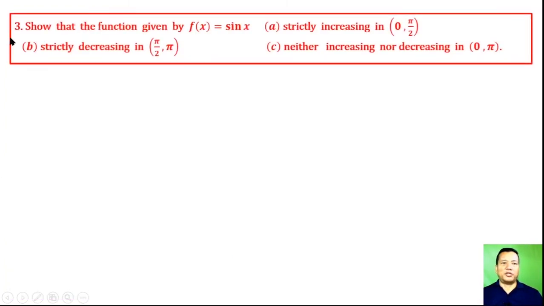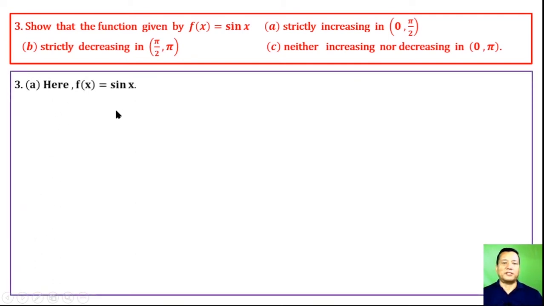For question number 3, show that the function given by f of x equal to sin x is strictly increasing on 0 to pi by 2, strictly decreasing on pi by 2 to pi, neither increasing nor decreasing on the open interval 0 to pi.